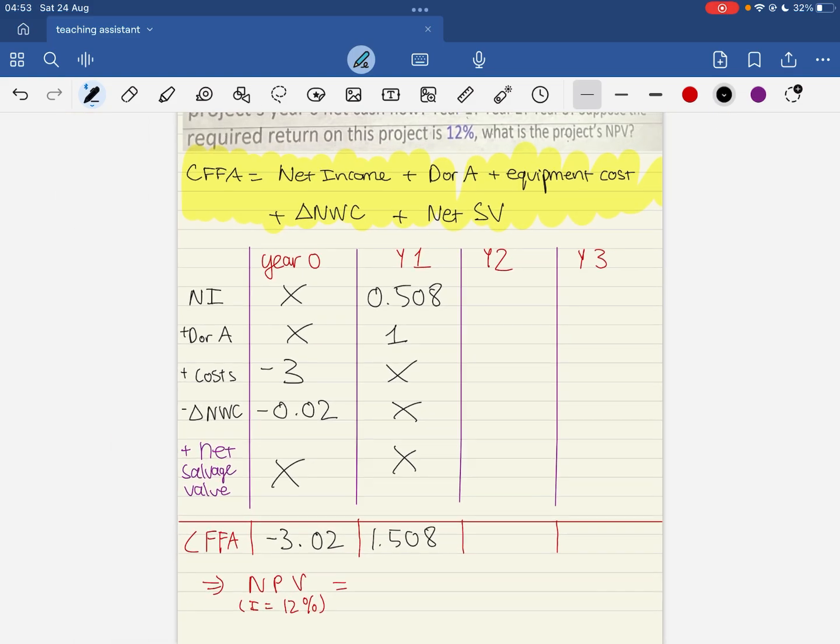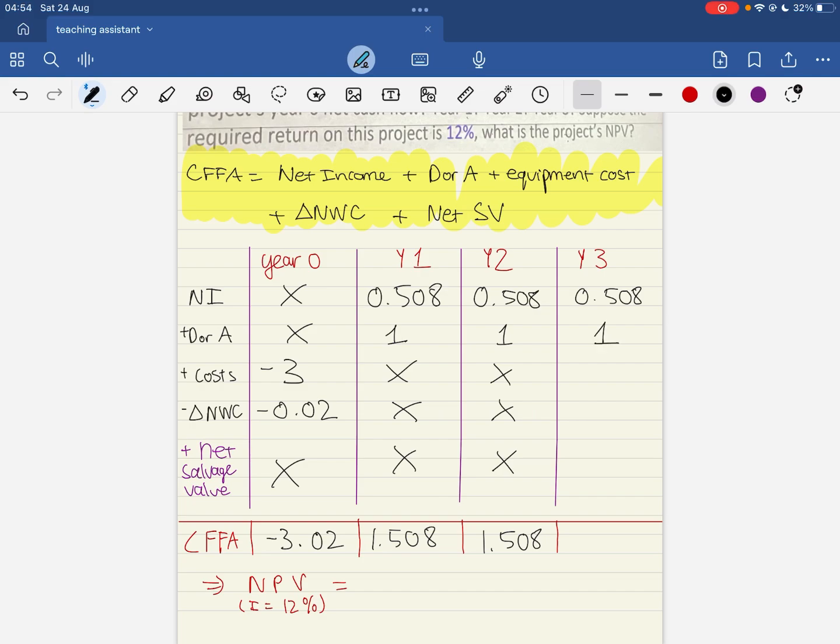And the same thing is going to happen in year 2. We will also have $1.508 million. Finally is year number 3. In year number 3, we also have the net income of 0.508. The depreciation is also $1 million.